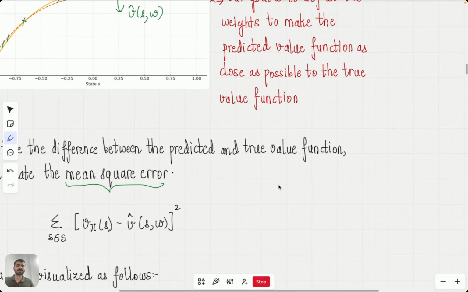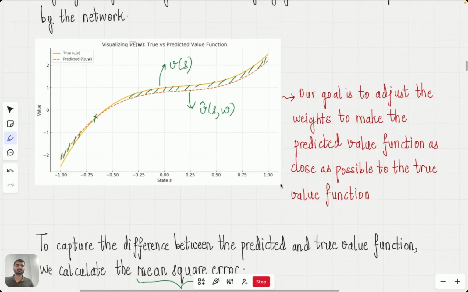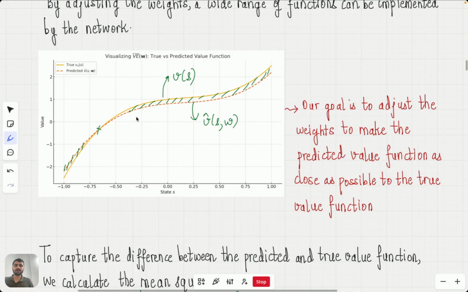So for example, let's say we are at this point and the value function is 5 and the approximate value function is 3. So the square error here is 5 minus 3 squared, which is equal to 4.